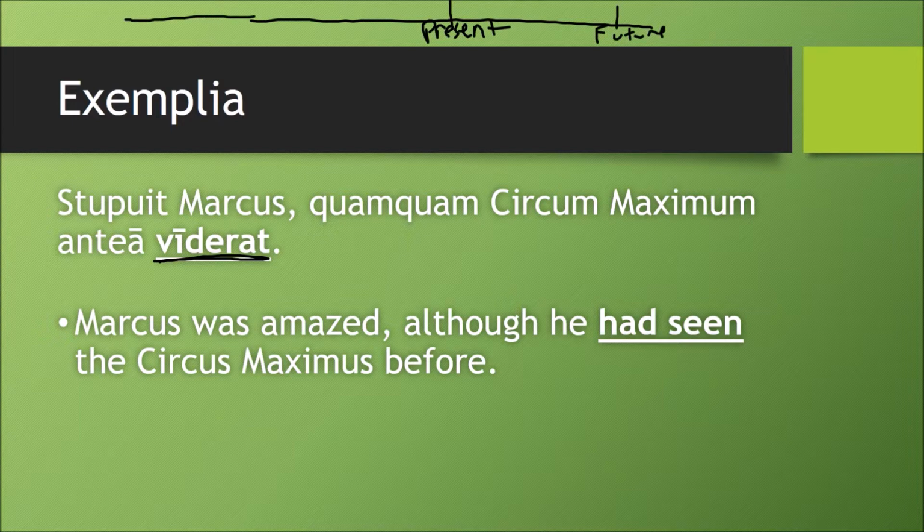And in this sentence, we have two actions, Marcus being amazed in the past and Marcus having seen the Circus Maximus before in the past. And with this, we have an action and a second action that has to happen before the other action. So Marcus has to see the Circus Maximus before he can be amazed.